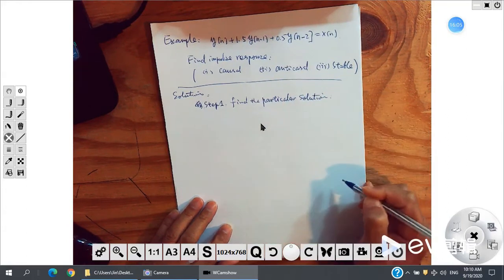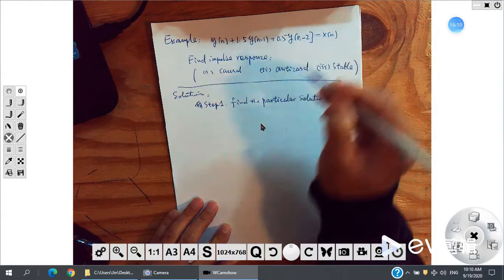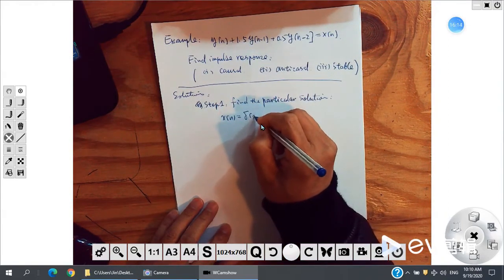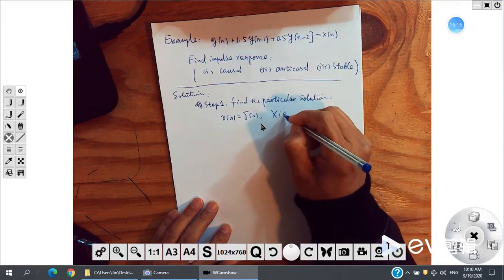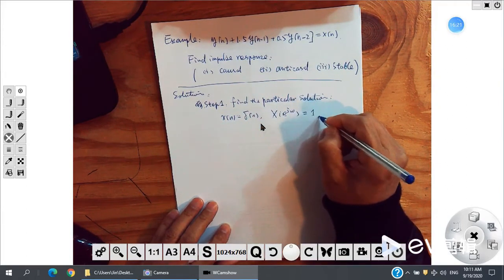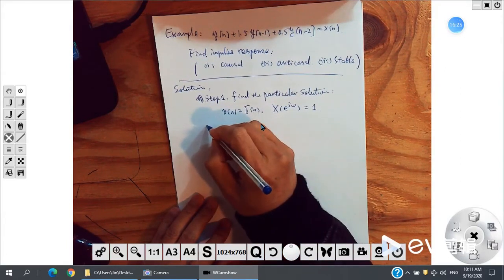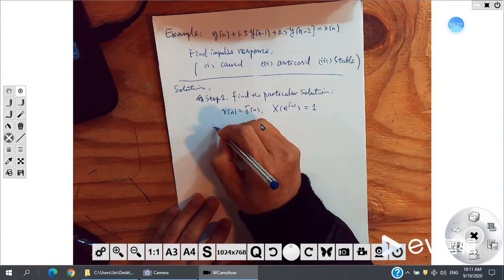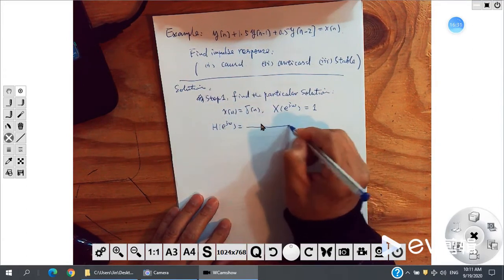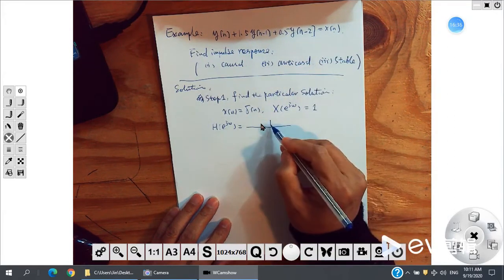Now for the impulse response, the input is delta, so x of n is delta of n, and capital X of e to the j omega, the Fourier transform of the input, is just 1. And the frequency response H of e to the j omega is equal to 1 over, on the X side we only have x itself, nothing changed, so this is 1.